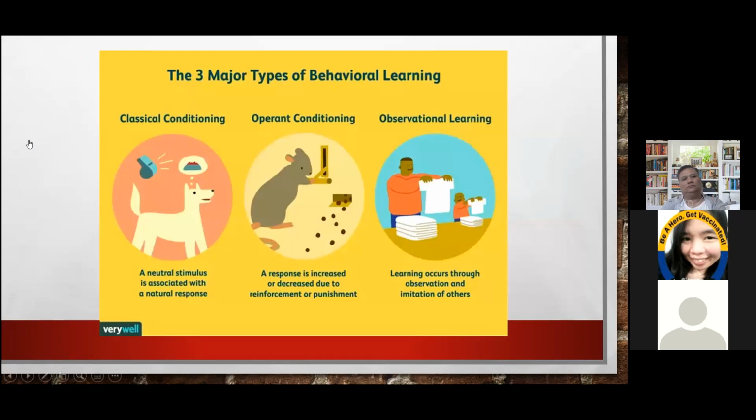Learning can affect behavior. The three major types of learning are classical conditioning, operant conditioning, and observational learning.